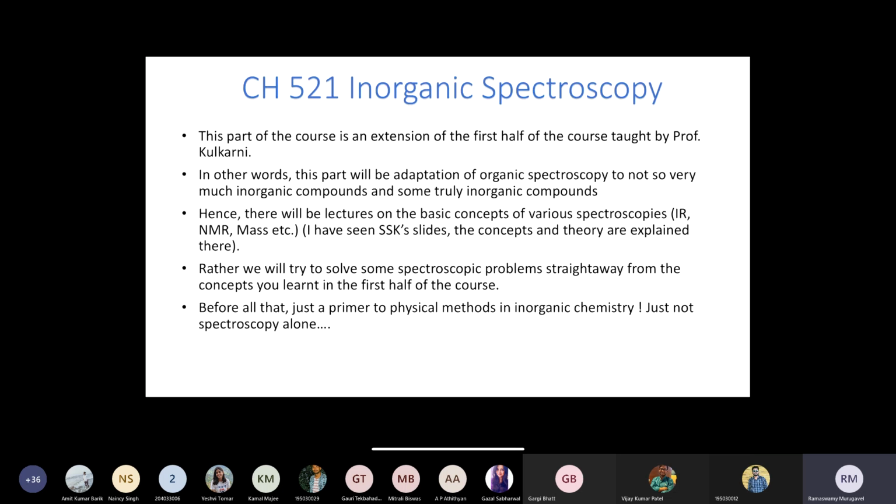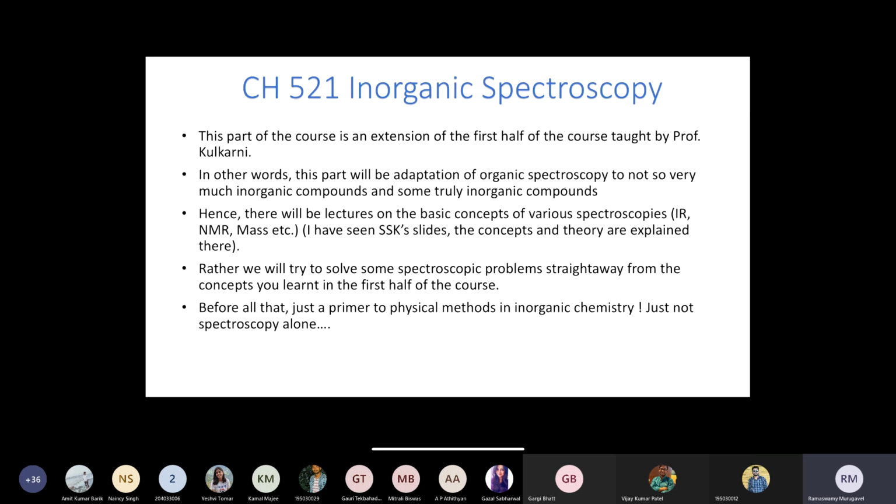Last night I sat and scanned through all the slides of Professor Kulkarni, especially the introductory slides, and I see that for both infrared and NMR spectroscopy, he has given a good conceptual introduction. I think he has talked about force constant, the springs, vibrational frequencies, selection rules.